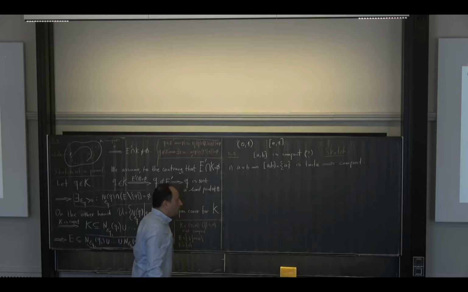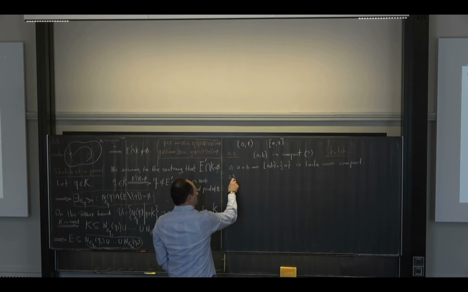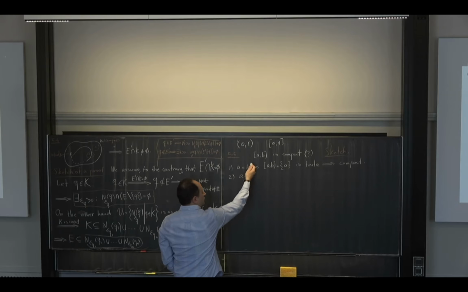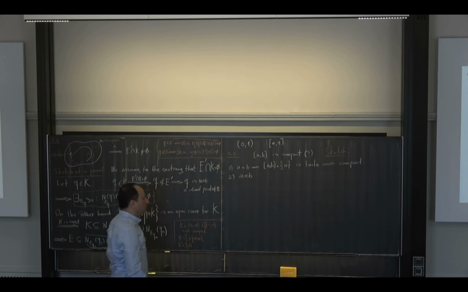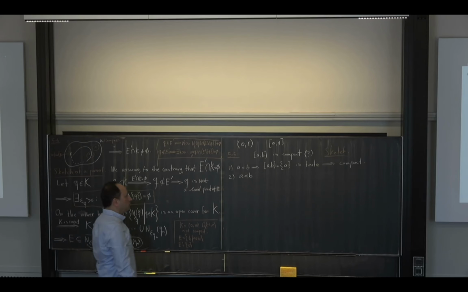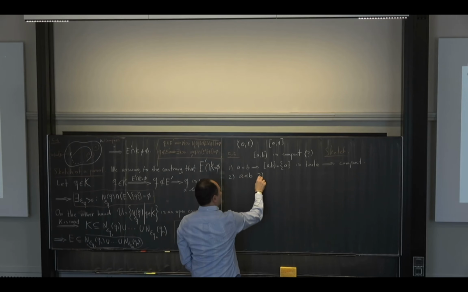Of course this is not very interesting because it is just one single element. So the other case is that A is less than B, and we want to consider this scenario to see what happens.